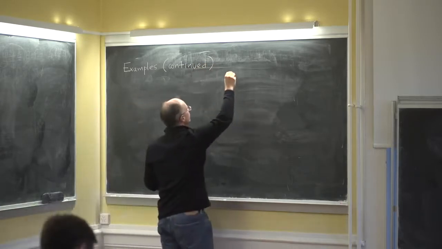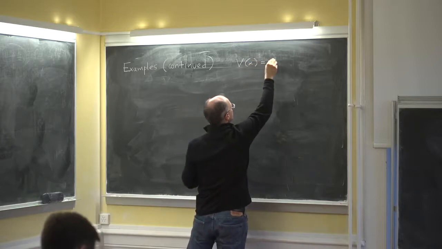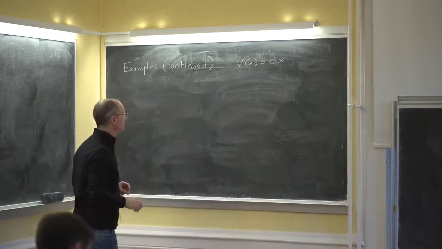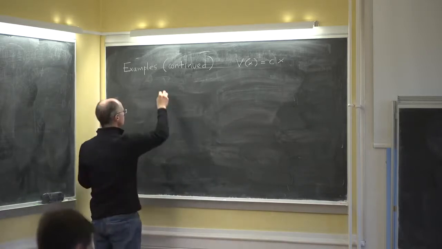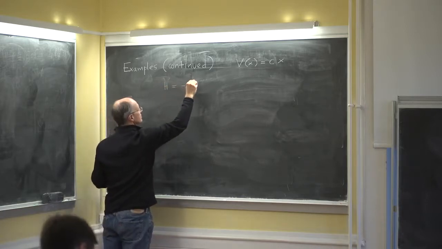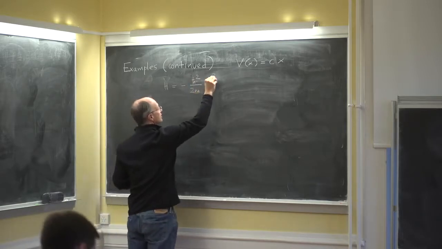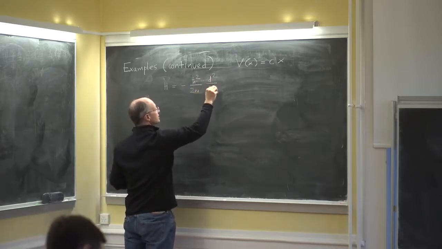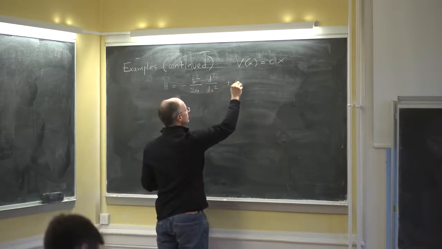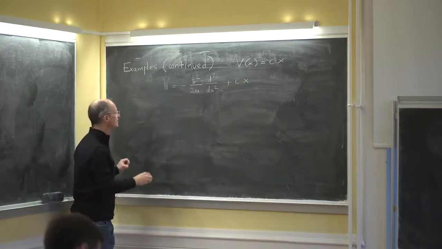Right, so we'll take the potential to be some constant times x. So the Hamiltonian is, as usual, the second derivative plus the constant times x.